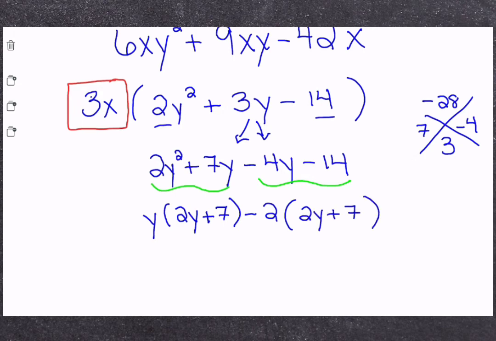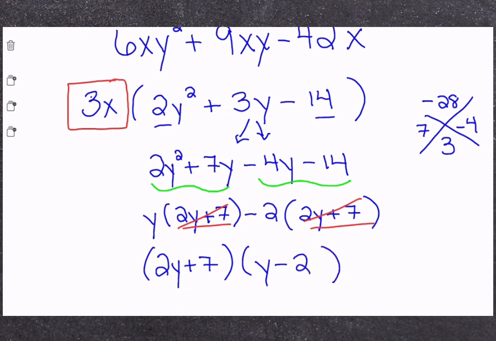So remember, when we were talking about taking out a GCF, we talked about that negative sign. That negative sign needs to come out if it's in the front like that. So now the parentheses look the same. Look, boom, boom. That's a good sign. Bring them together like 1. So 2y plus 7. And then what is not crossed out is the y minus 2.